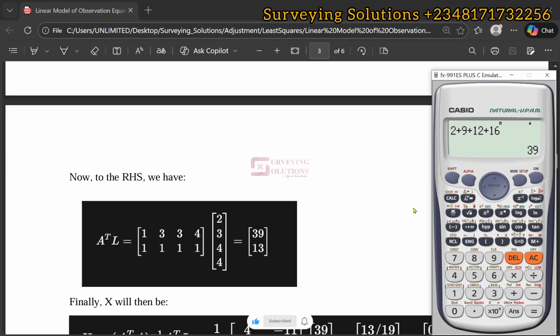So that gives you 39. Right, good. So you do similar stuff for this: 1 times 2, 1 times 3, 1 times 4, and then 1 times 4. This simply means 2 plus 3 plus 4 plus 4. That's 13. Right, good. So that's the product of A transpose L.